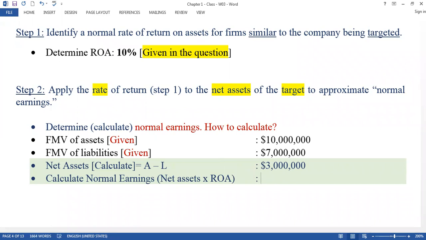Okay, net asset times ROA, right? This is the formula, and it is $300,000. So we calculated normal earnings also.